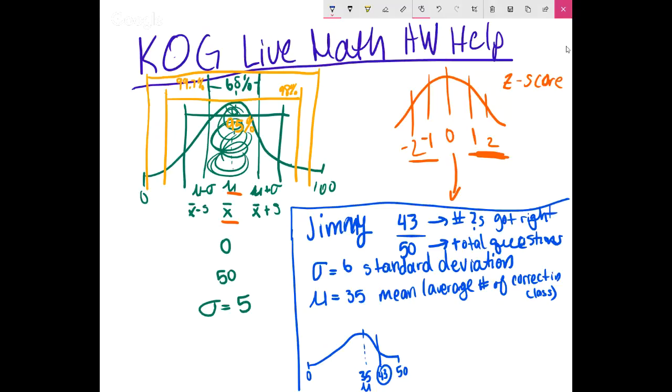So we want to find out what the z-score is of Jimmy's grade. So the z-score equation, or formula, is x minus mu, or the mean, over sigma. That's the equation.